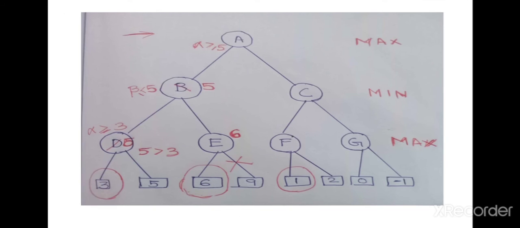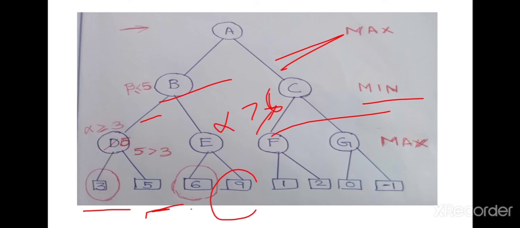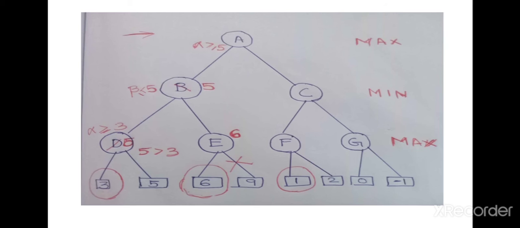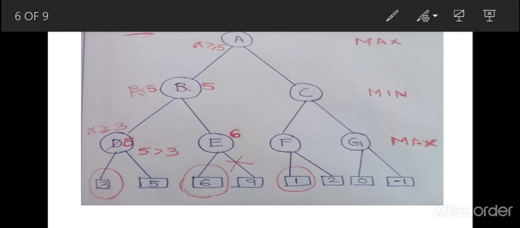Now node D is 5 and node E is 6. The minimum of 5 and 6, what is it? 5. So node B becomes 5.